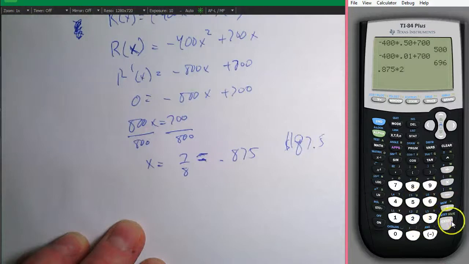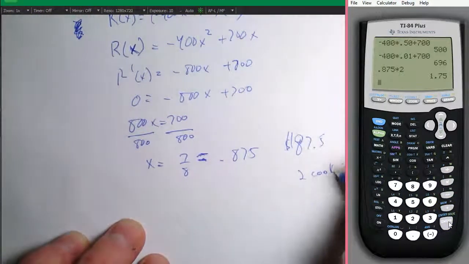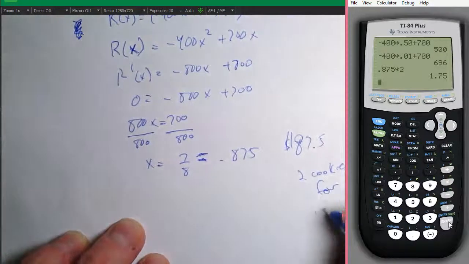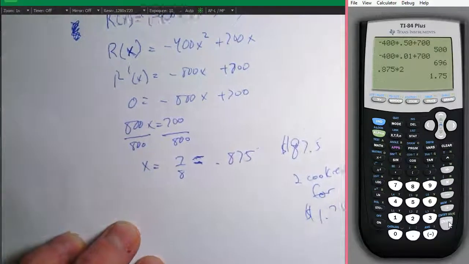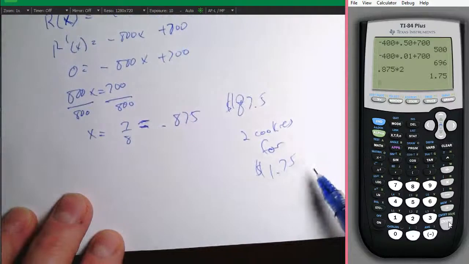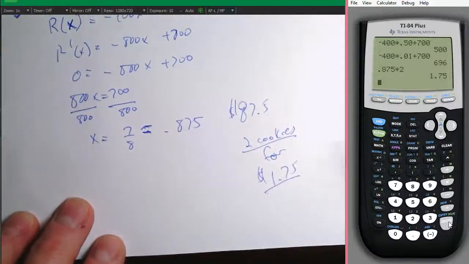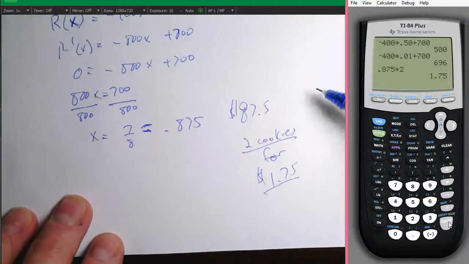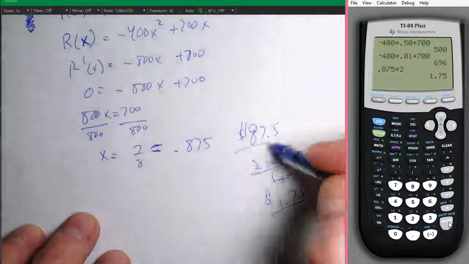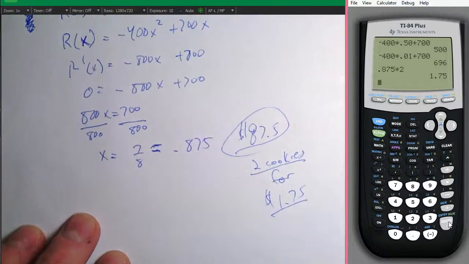It's too late. It's $1.75. So you could sell 2 cookies for $1.75, or you could double it again and do 4 cookies for $3.50. You wouldn't do it for that, but people might say, I'll buy more because they think I'm getting a deal. 2 cookies for $1.75. So that's what we're saying is our best value.